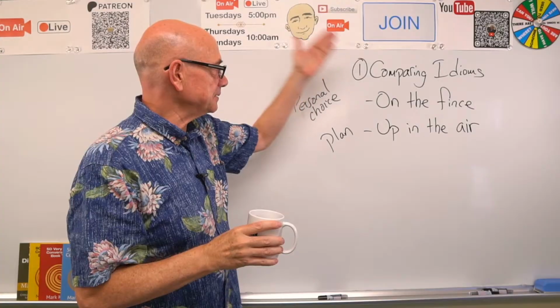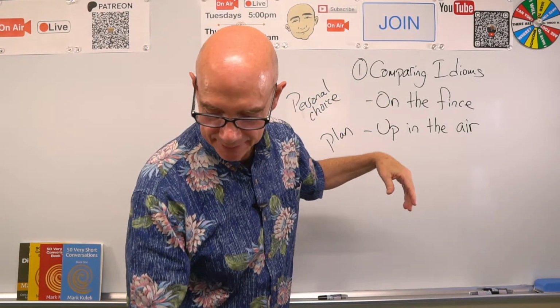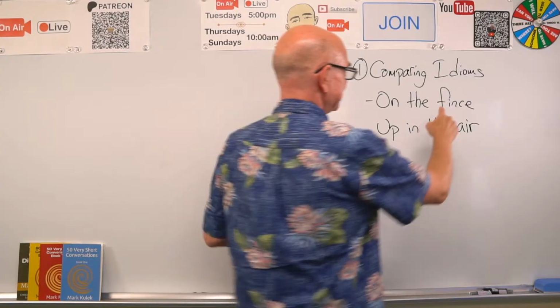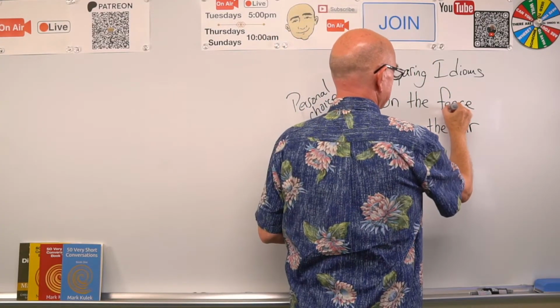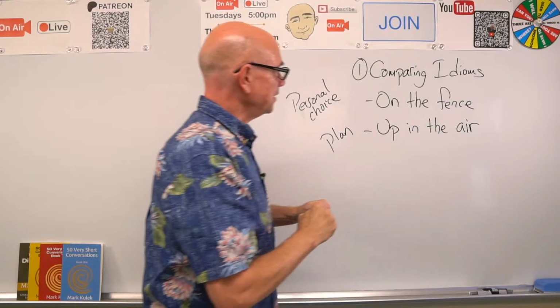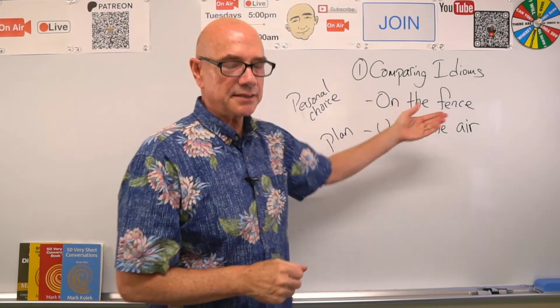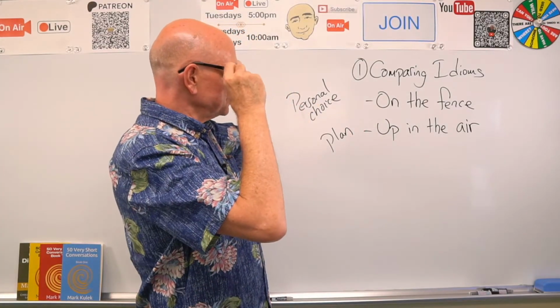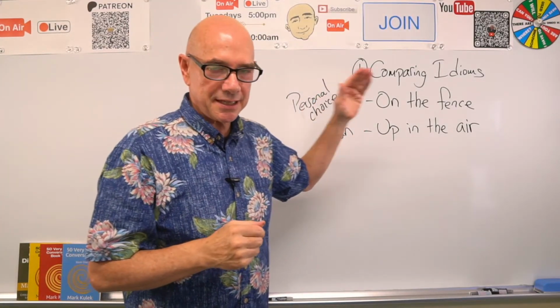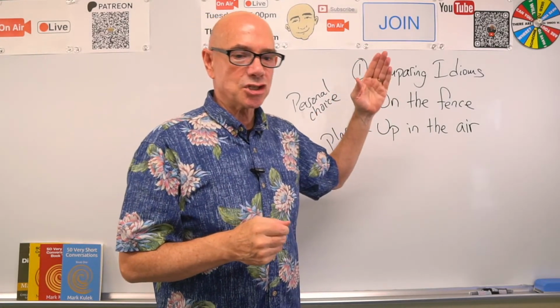comparing idioms, and the two idioms are on the fence. Oh, I misspelled that. It's E. I just noticed that. Okay, so we're talking about these two idioms, on the fence and up in the air. We're looking at how they are used differently. They're similar in meaning, uncertainty, you're not sure.